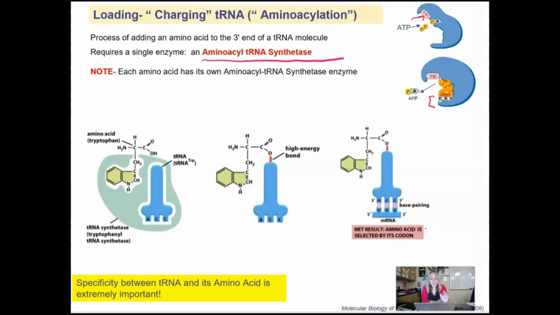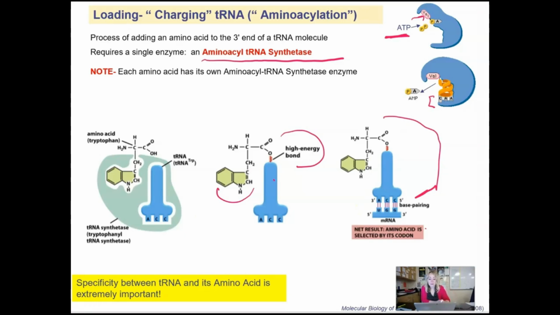Without going into too much detail, notice the ATP is going to be hydrolyzed and used for energy, and then here's your formation of that high energy bond between the tRNA and the amino acid. And we say now we have a loaded or charged tRNA that's ready to deliver that amino acid when the codon dictates in the mRNA.